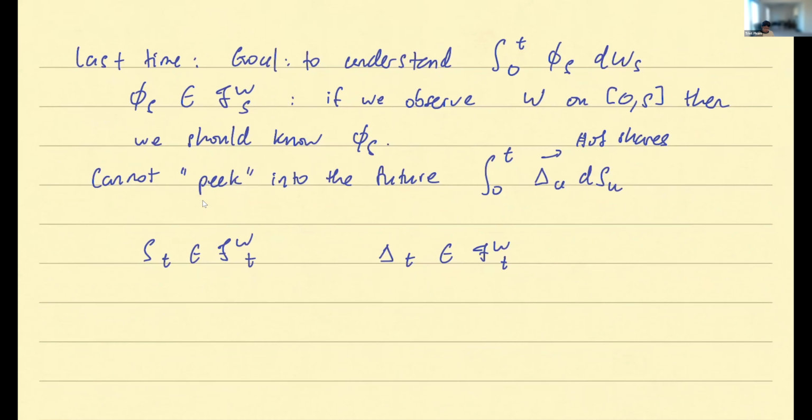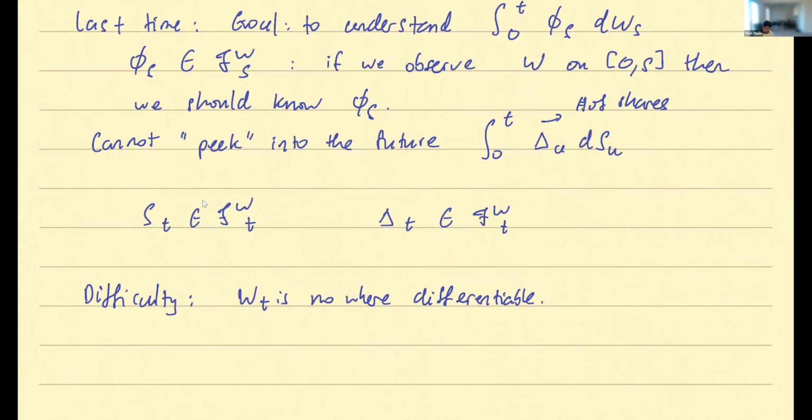And we pointed out that the difficulty comes from the fact that the Brownian motion is nowhere differentiable. Because if you want to understand, suppose we don't have W, we have something else. Suppose we have a function f that is differentiable.